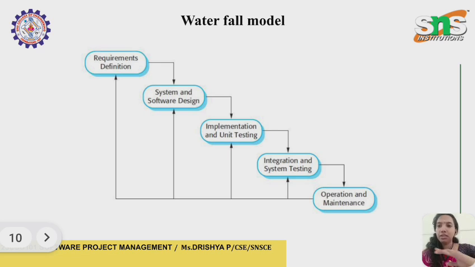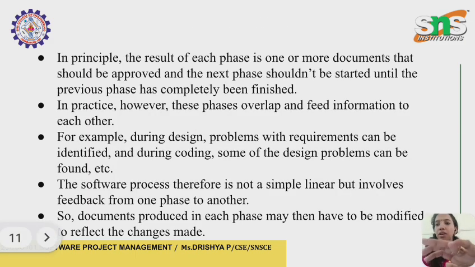Every stage is connected and overlaps with the previous stage. In principle, the result of each phase is one or more documents that should be approved, and the next phase shouldn't be started until the previous phase has completely finished. When one stage is finished, then it moves to the next stage.